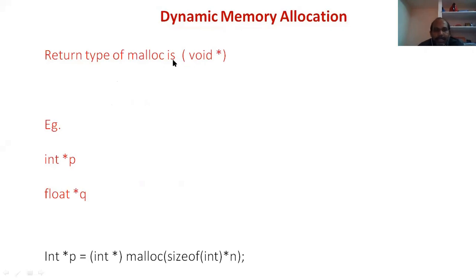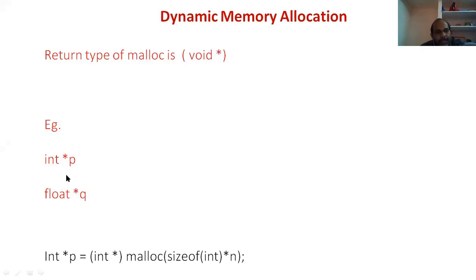So here I use malloc. The problem is that the return type of malloc is actually a void pointer. Do you know what a void pointer is? For example, if I take int *p and float *q, p is a pointer of integer type, and q is a pointer variable which can store only a float variable.